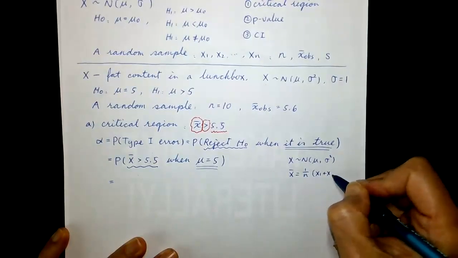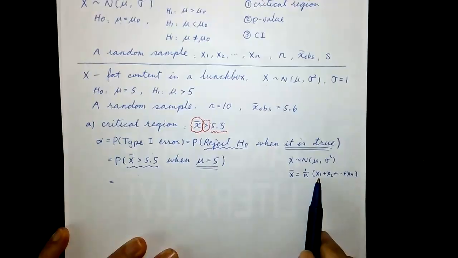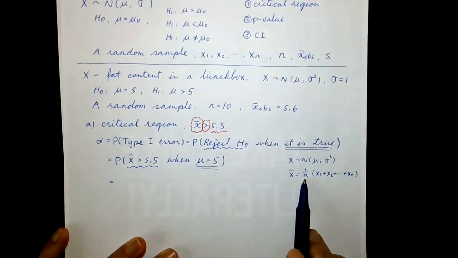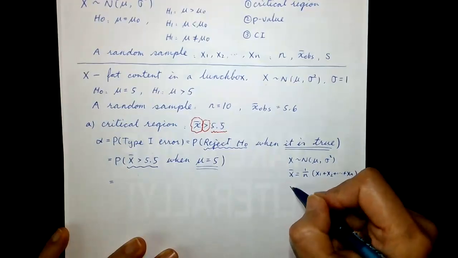You add the fat in the first lunchbox, the fat in the second, and the 10th. You add them up, divide by the total number of lunchboxes. That gives you x bar. This is what? A linear function of normal variables. So x bar is normal.